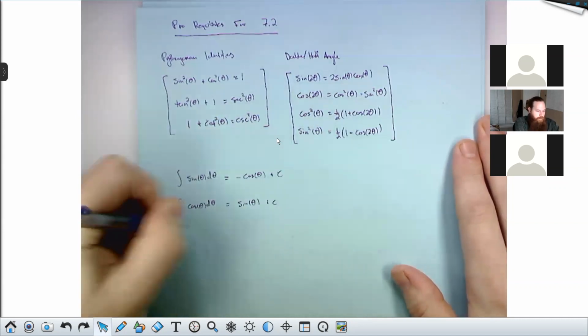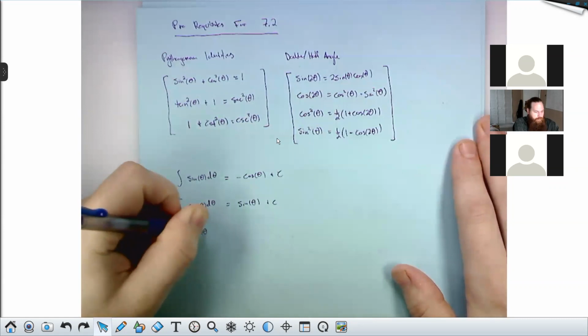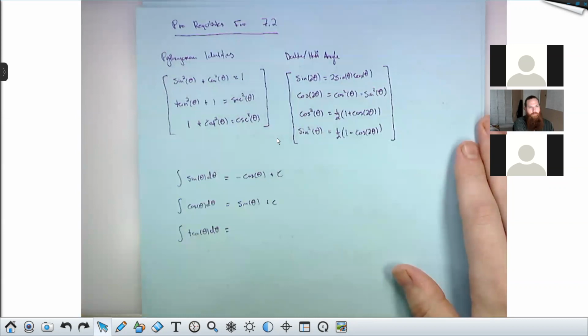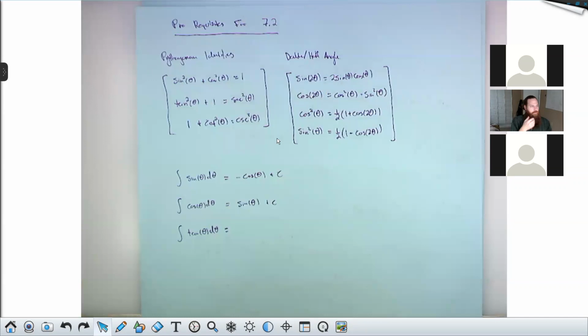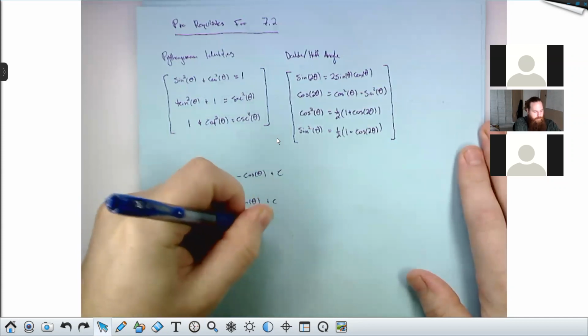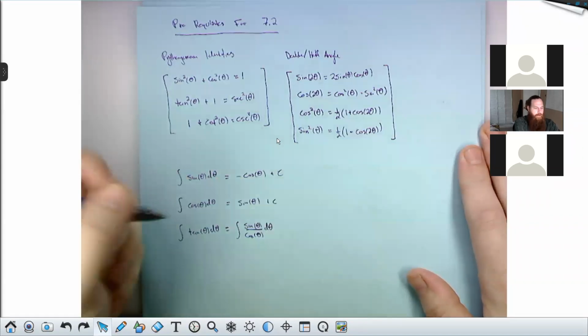The integral of tangent theta, who remembers this? Anyone remember the integral of the tangent function? That's the derivative, Nick. The derivative of the tangent function is secant squared, but for the integral, the trick is to write it as sine over cosine, and then substitute for the bottom.